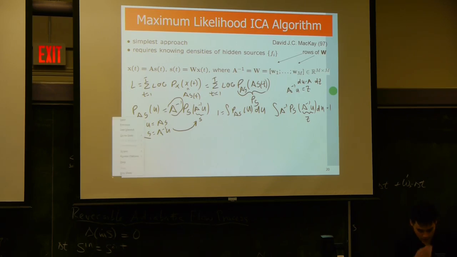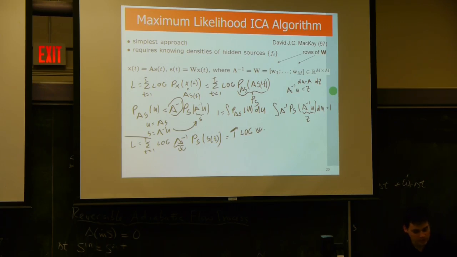So the log likelihood now is sum of log A inverse PS of ST. So A inverse is W, and because of the log, I can decompose this into T times log of the determinant of W plus sum over t of log PS of ST. I'm a bit sloppy because actually we would need the determinant here.